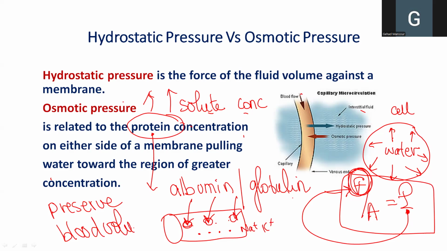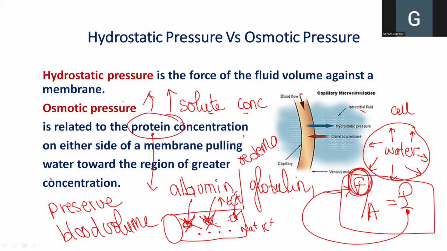So they are very important. Imagine that you have fewer albumin molecules in blood, so you will attract less water inside the blood vessel. So the water in the extracellular fluid here will increase, and this will result in edema or swelling around the blood vessel.